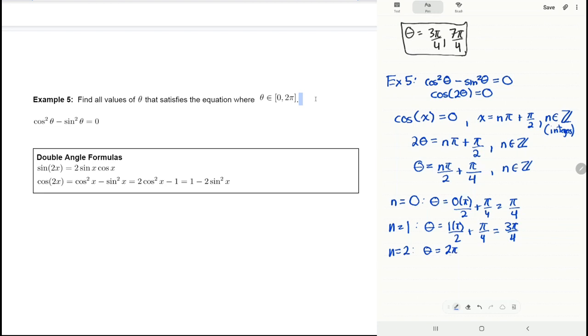We get 2 pi over 2 plus pi over 4. This will give us 5 pi over 4. Again, you want to use a common denominator of 4. The next angle is when n is equal to 3. So we'll get 3 pi over 2 plus pi over 4, which gives us 7 pi over 4.